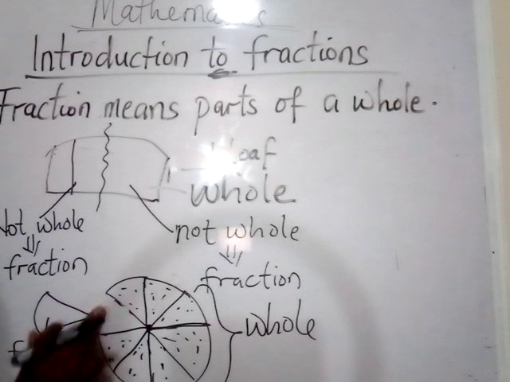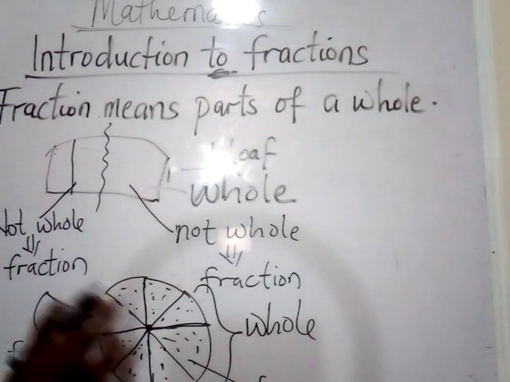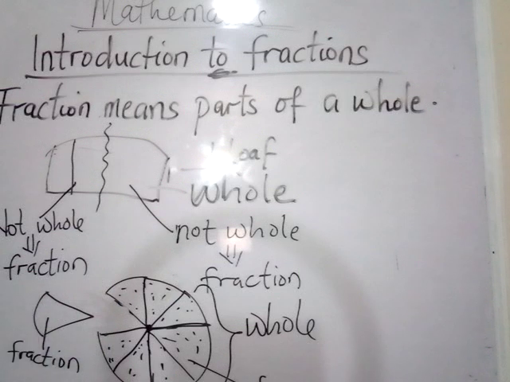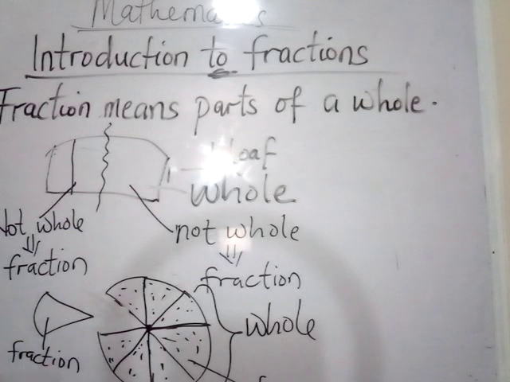This is no longer whole because something has left it. It's no longer complete. So this also is a fraction. Though this fraction is bigger than the one that is removed. But both are now fractions because this one is not complete and this one is not complete.